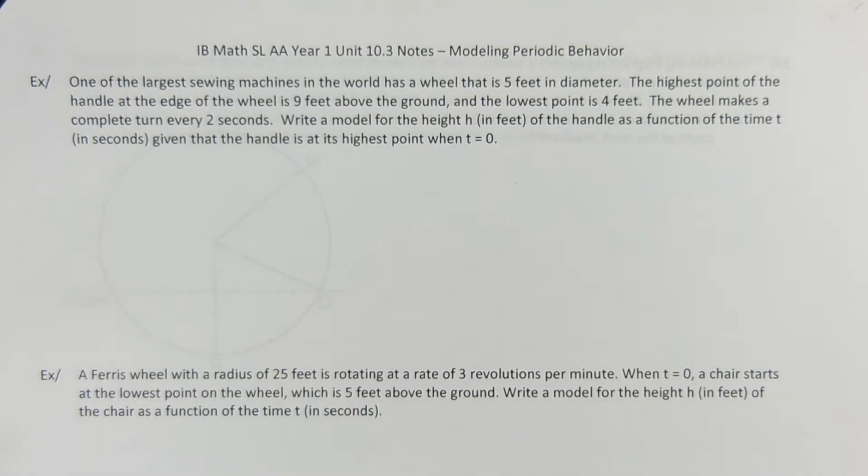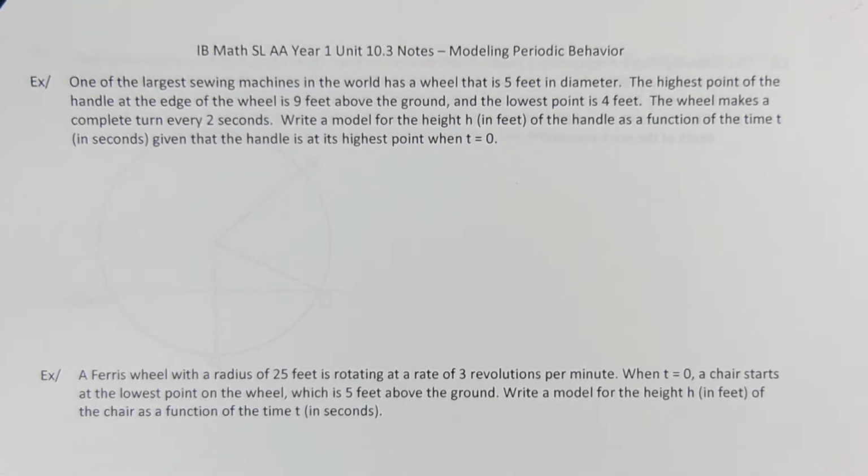So, modeling periodic behavior, trig-based word problems, part 1. There will be a part 2. By the way, these scenarios are ridiculous, but I didn't make most of them up. One of the largest sewing machine wheels in the world has a wheel that is 5 feet in diameter.